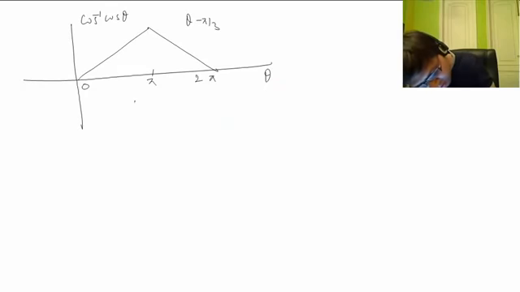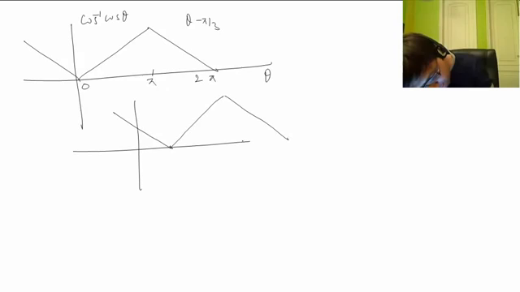Shift pi by 3 units towards right. It's like this. So this is pi plus pi by 3, pi by 3. This is minus pi minus pi by 3.